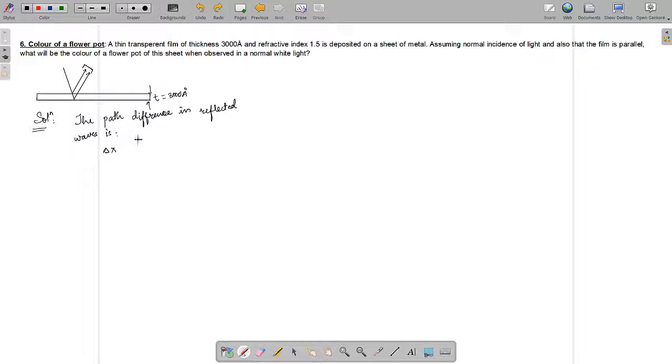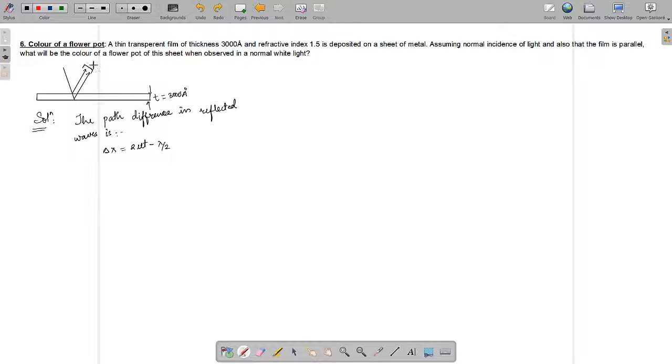So this delta x, if the thickness is t and the refractive index is mu, should be equal to 2 mu t minus lambda by 2. Right. So this is delta x, which is equal to 2 mu t minus lambda by 2.